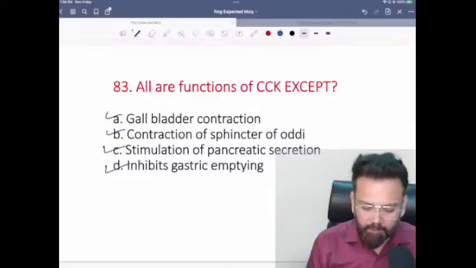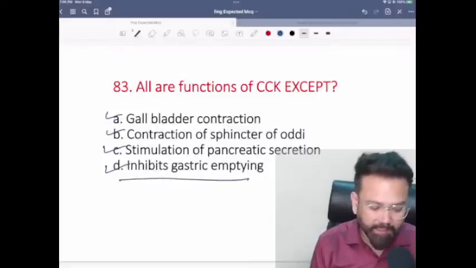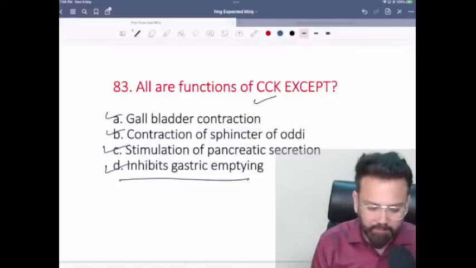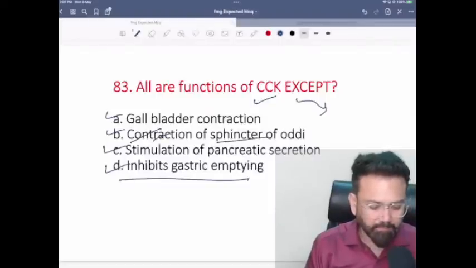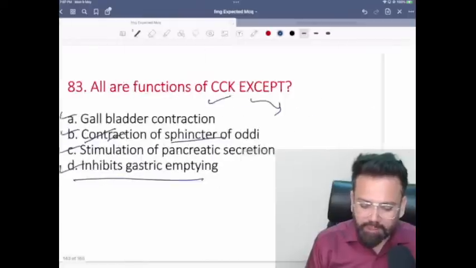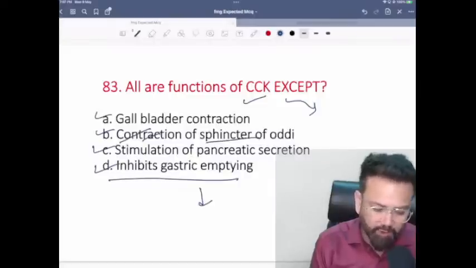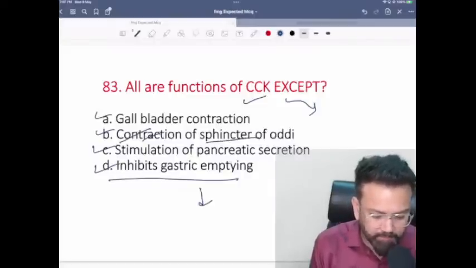See, it inhibits gastric emptying. This is correct, Alam. It also contracts the gallbladder. This is also correct. See, if you want to release bile from the gallbladder, you will contract the gallbladder and relax the sphincter. Yes, very good. So cholecystokinin is also inhibiting gastric emptying. Gallbladder contraction. Yes, you are correct now. Very good.